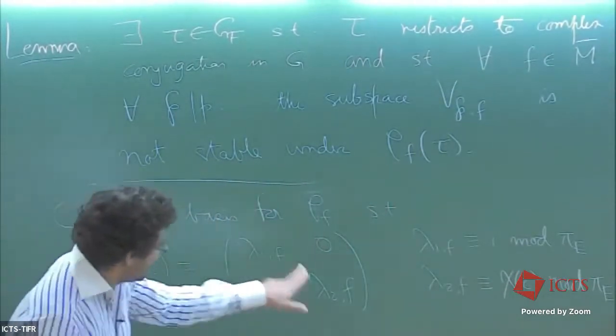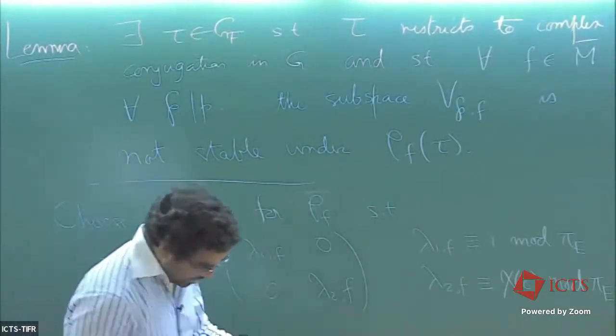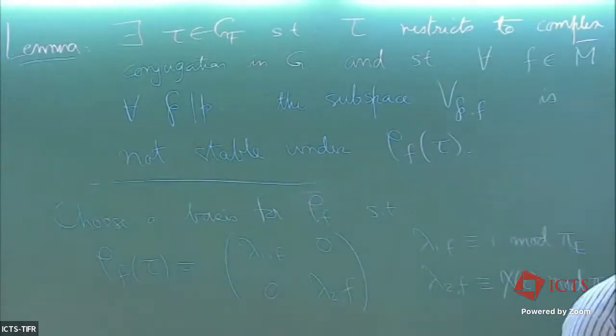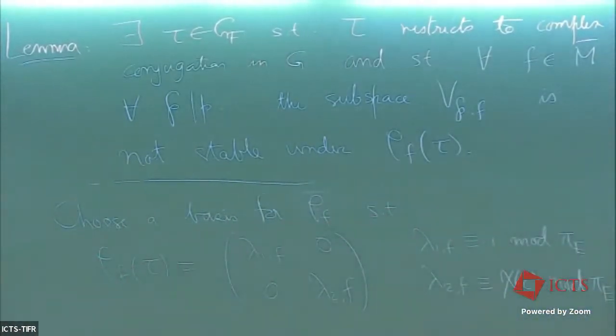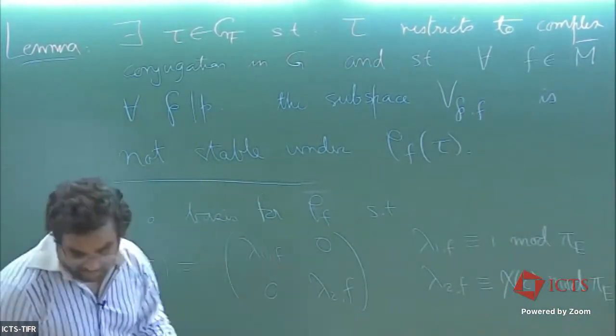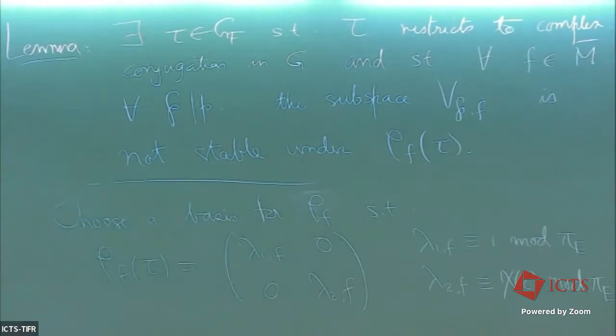There's no guarantee that you can diagonalize this matrix, so that's where it breaks down right at the beginning. For p equal to 2, it's not even clear how to form a cohomology class using Ribet's method.